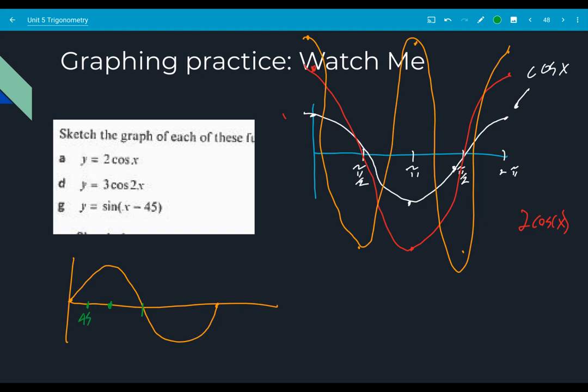And it's going to be a right shift of 45 degrees. So what that means is we're going to take our orange function and move it to the right 45 degrees. So it's going to look something like that.